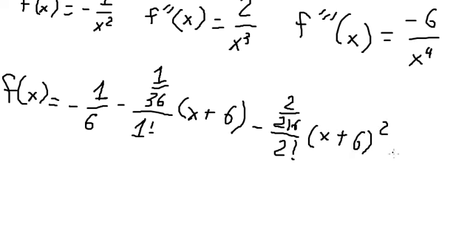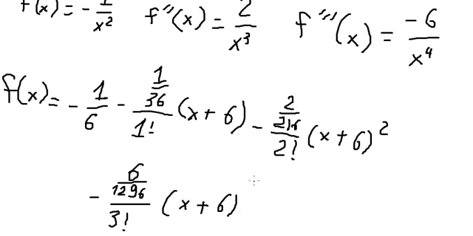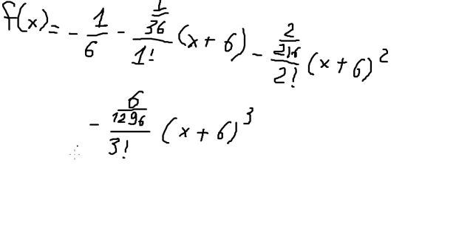And the last one, that's about 1296 over 3 factorial. And we have x plus 6 to the power of 3. Now we simplify.